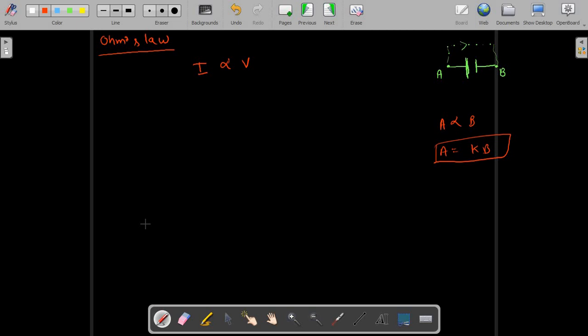Then there was one more scientist. This was found by Ohm. When you remove the proportionality and find the constant, this is V is equal to IR.